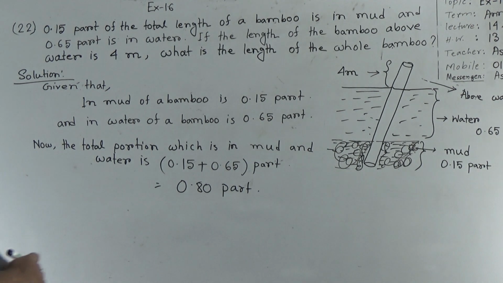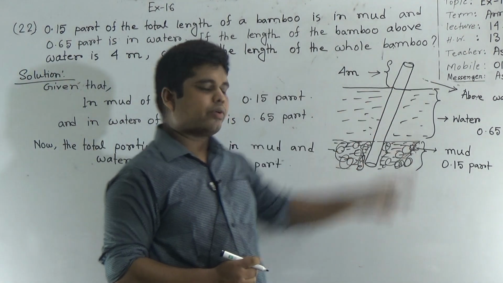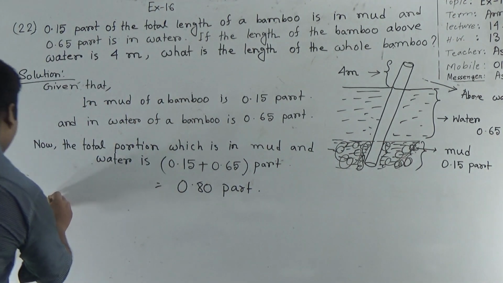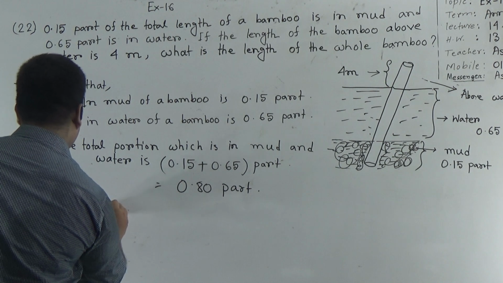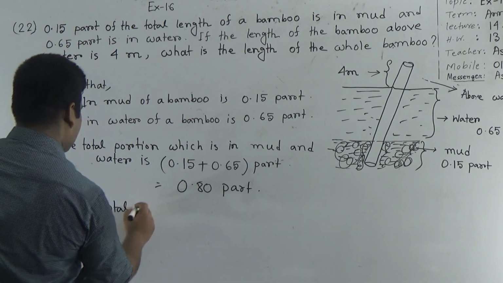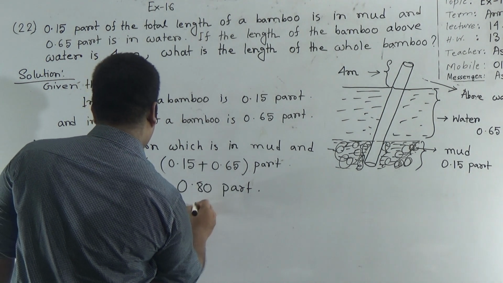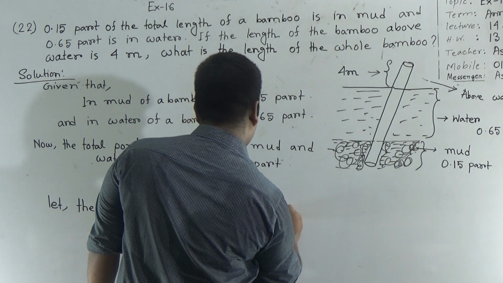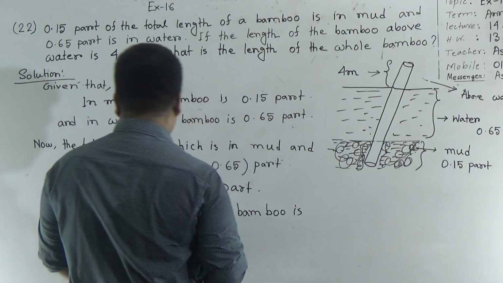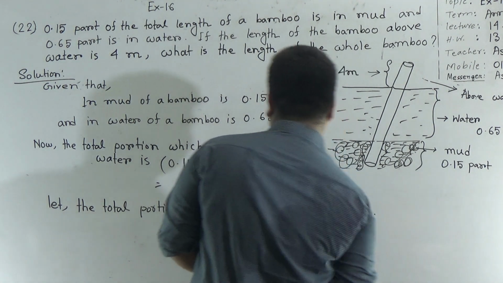Now we find out the portion which is above water. Okay. Before starting, at first we consider, that means let the total portion of the bamboo is 1 part.